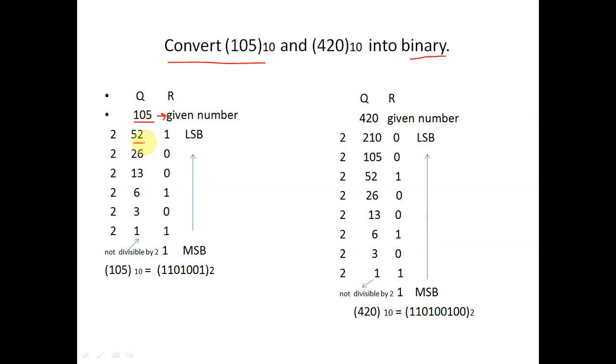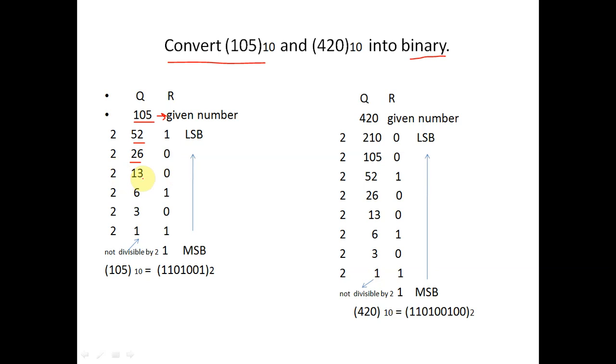Now these 52 are again divided by 2, then the quotient is 26 and the remainder is 0. Now this 26 is again divided by 2, then the quotient is 13 and the remainder is 0.